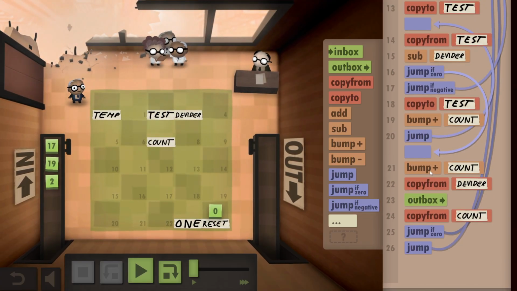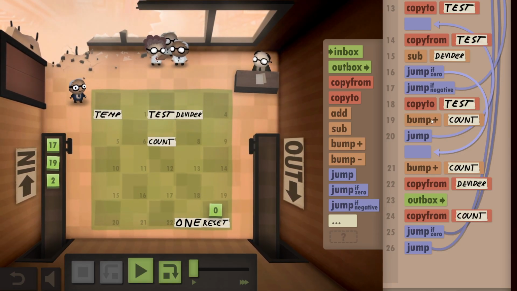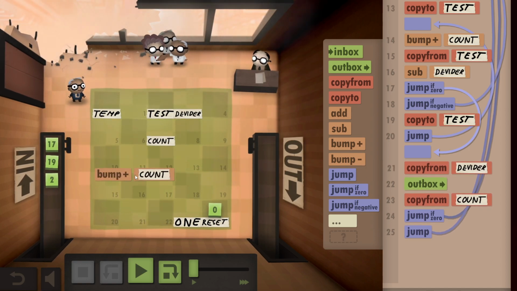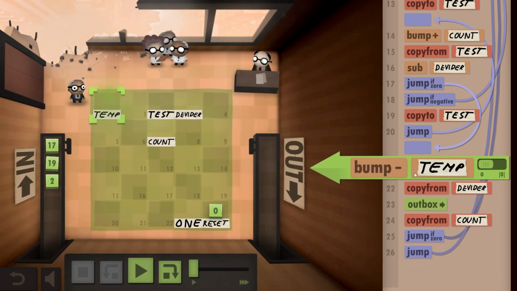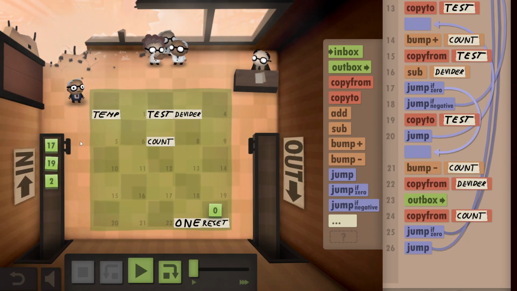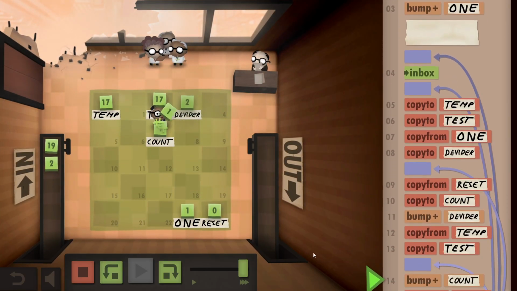Well, actually, if I do that, I do bump minus on count. It's gonna last long because it's 11. Let's see what's gonna happen.